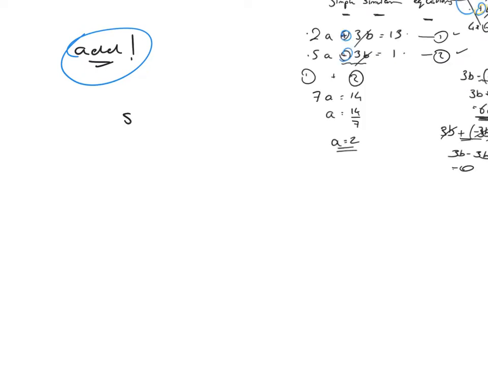Okay, so I've got a equals 2, I'm now going to sub a equals 2 into one of the equations. It doesn't matter which one, I'm going to sub it into equation 1. I'll get the same answer regardless, as long as I'm careful and I do everything correctly. So the first equation says 2a plus 3b equals 13, so it's two lots of 2 plus 3b is equal to 13.